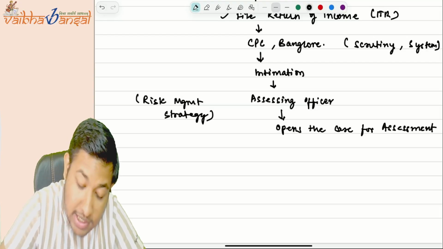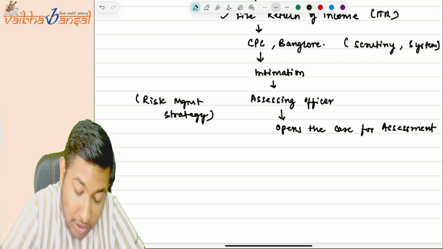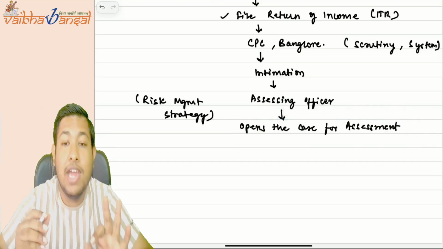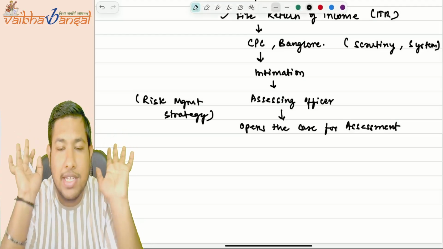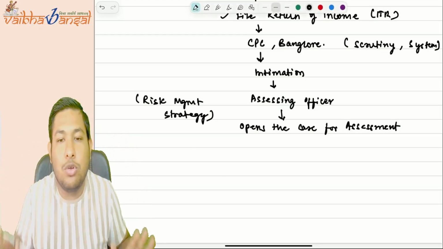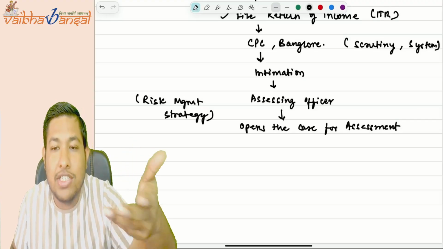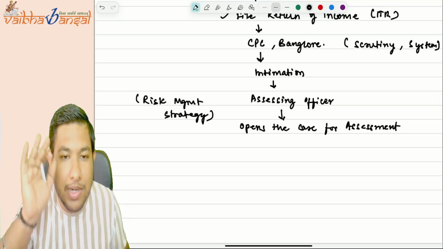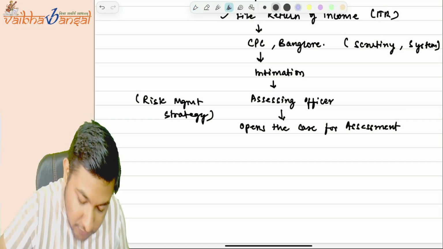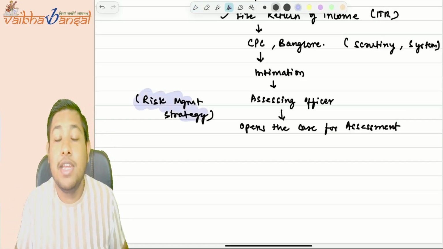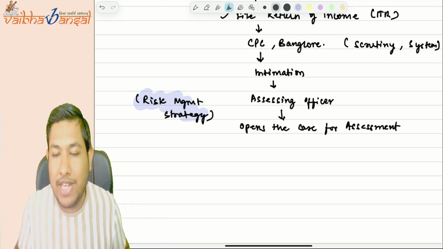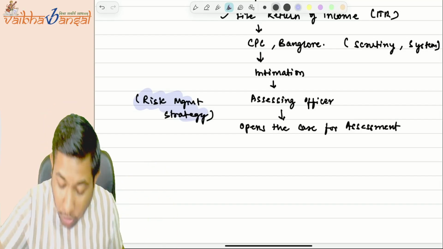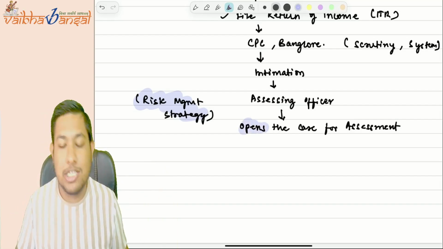Now here what they are saying is, we have a doubt. They don't have concrete reasons as of now whether there is evasion of tax or not. There is just a reasonable doubt, or just a strategy formulated by the department, that there can be a mismatch of tax liability paid or tax liability to be paid. So on that basis, he opens up the case for assessment.